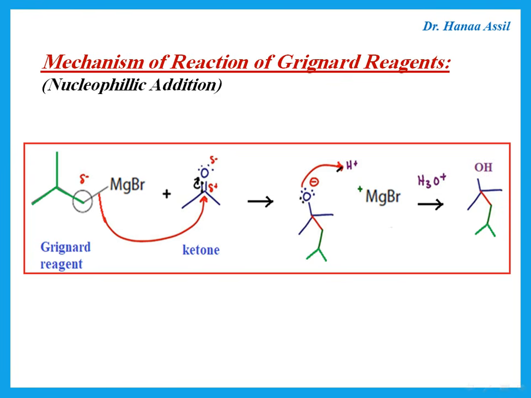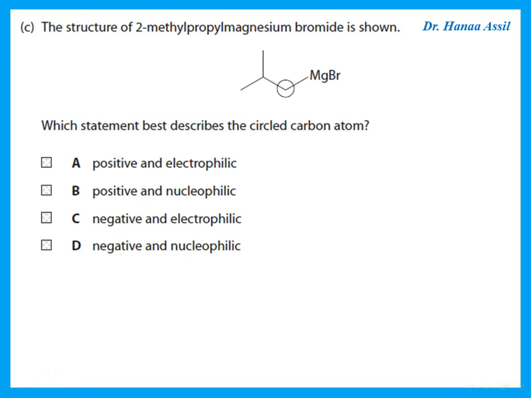If it is reacting with a ketone, we said it gives a tertiary alcohol. So the Grignard reagent reacts by nucleophilic addition. The slightly negative carbon acts as a nucleophile that attacks the slightly positive carbonyl. In the end, in this case, it gives a tertiary alcohol.